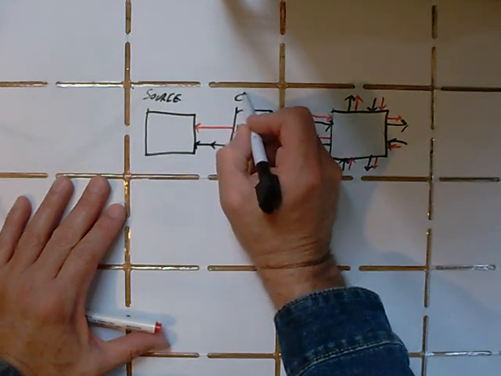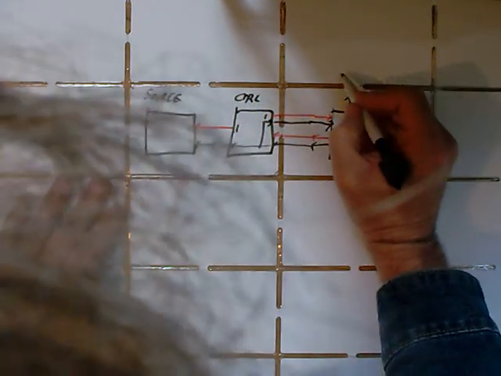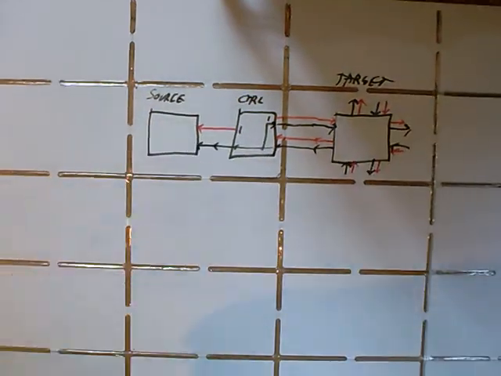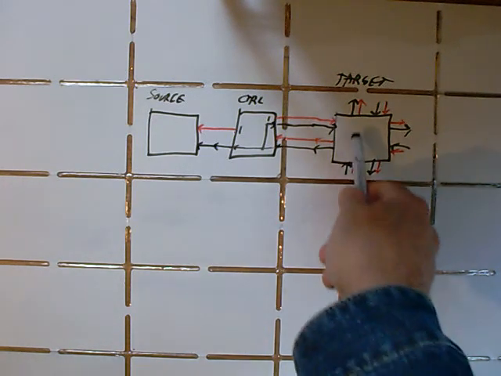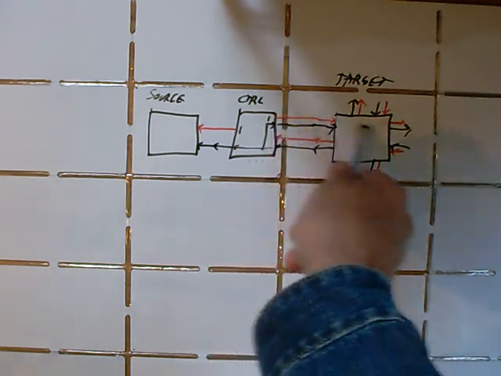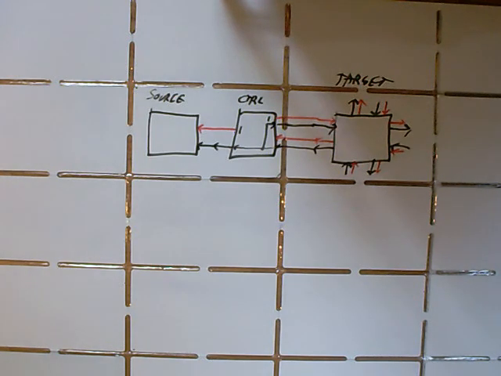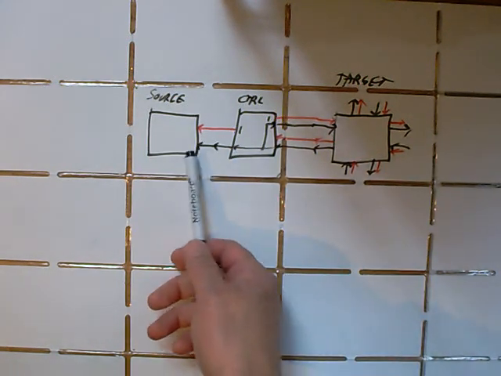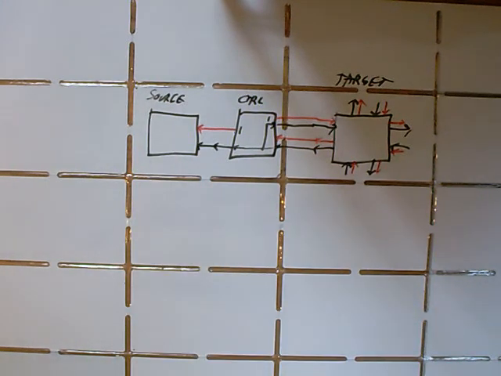We'll call this the controller, and we'll call this the target. And now as the clock ticks, bits are read out of the target cell. They're recirculated back into the target cell, so it's non-destructively reading the cell's truth table, but it's also sending a copy of those bits into the source cell.